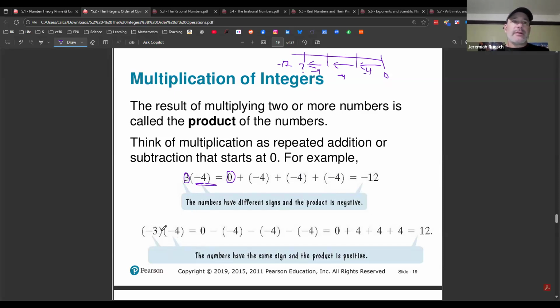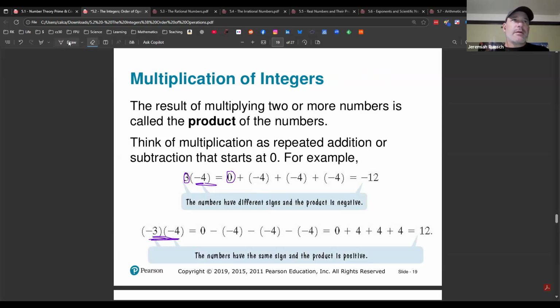Well, what about something like this? Why is a negative times a negative a positive? Okay. So let's just explore that a little bit here and consider the following example. Okay.